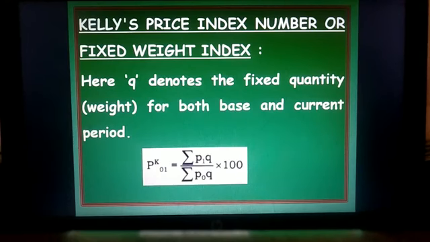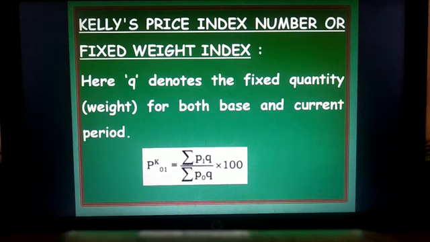So here till this we have come across six weighted aggregative price index numbers. Try to recall once again which are those. Serially you must be in a position to tell. I have already told you. First one is, you can try to recall and tell.